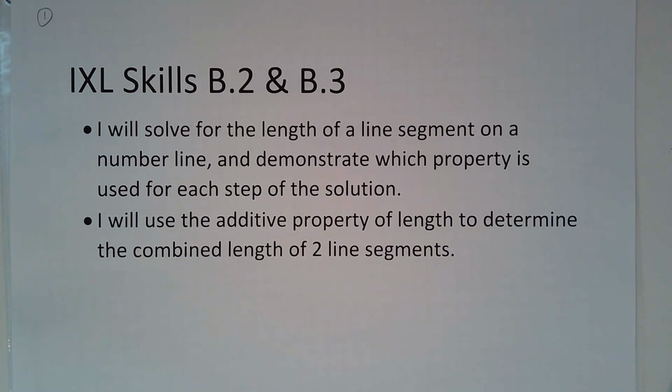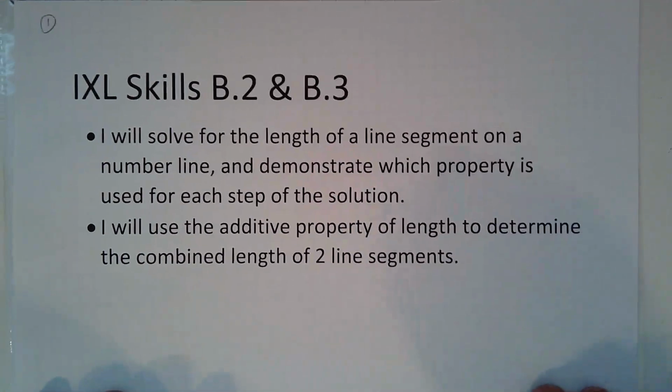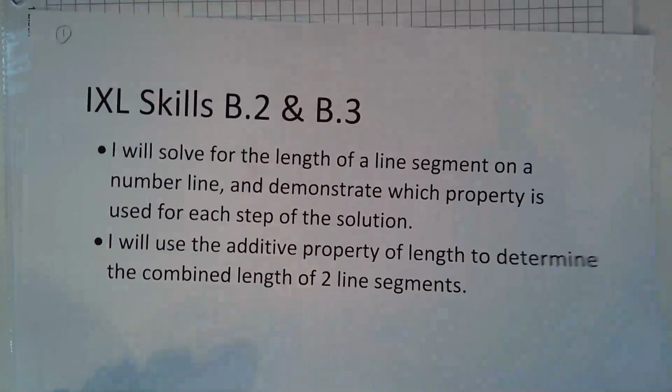And for skill number 3, you will use the additive property of length to determine the combined line of 2 line segments.